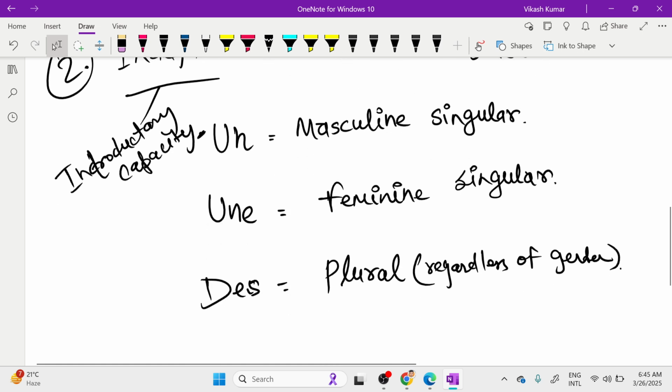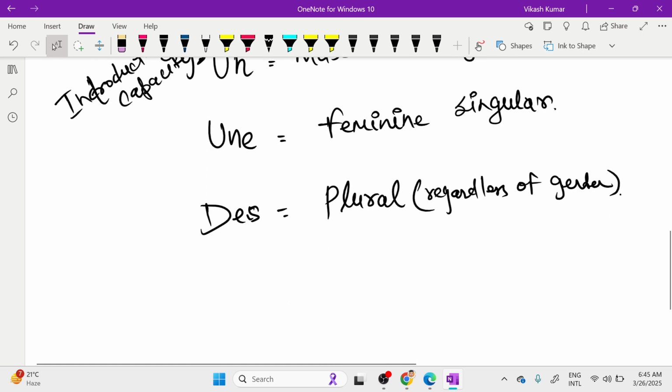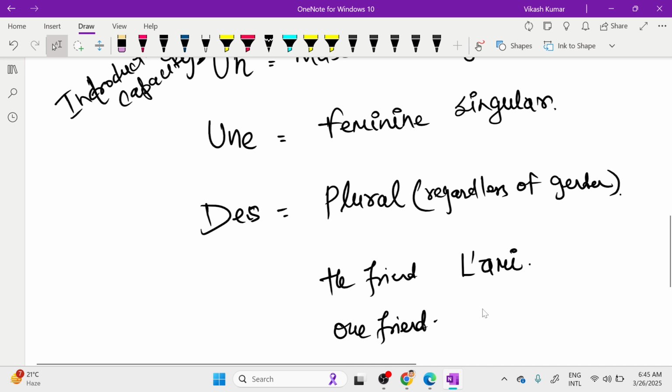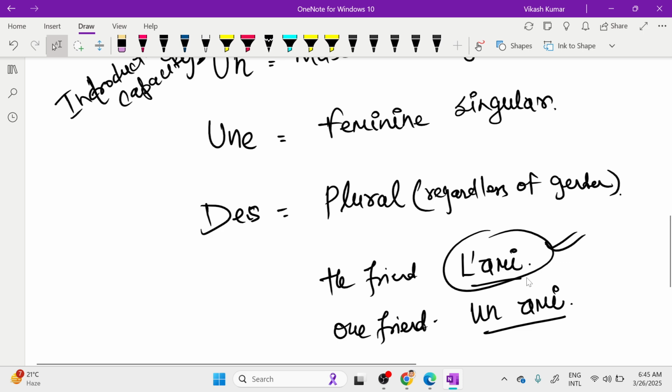For example, if I say this is the friend, it means a friend who is known to others. But if I say one friend of mine, it would be an indefinite one. With the friend, it means that everyone knows him. The person who is listening to me or reading my message knows which friend I'm talking about.